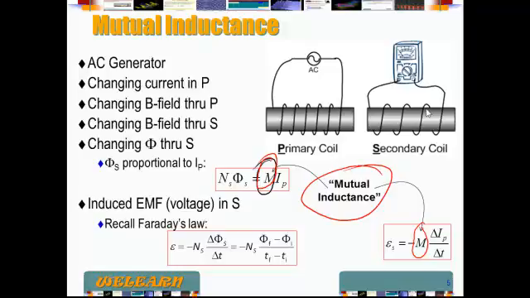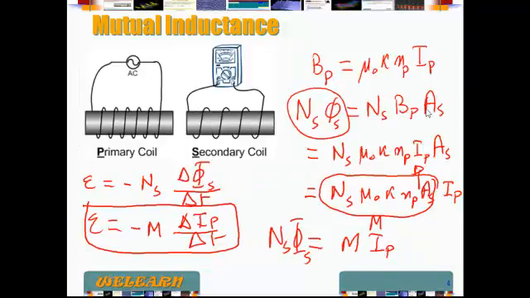As you noticed, in this case it depends on the total number of loops in the secondary, the number of loops per unit length in the primary, mu0 and kappa, and the area of the secondary.